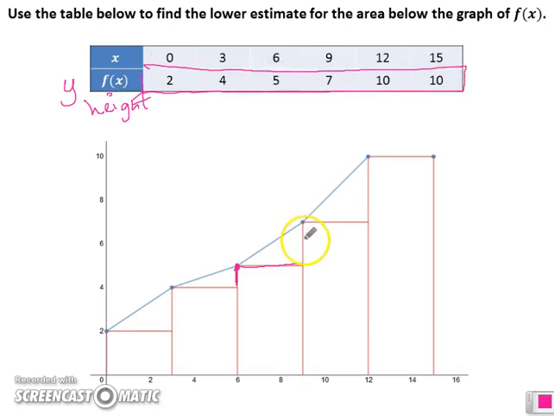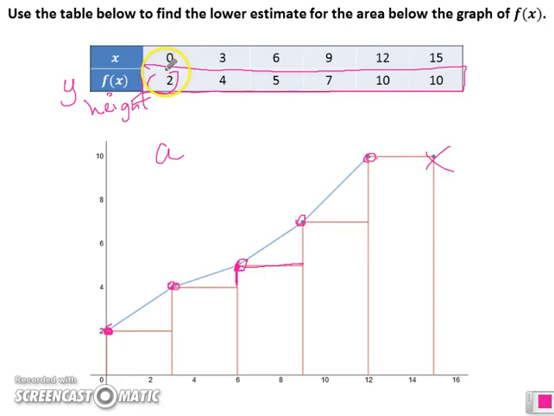So what we need to do is remember that the left rectangle uses A and not B. Notice that for this first rectangle, we're going to be using f of 0, which is 2. And the next one is f of 3, f of 6, 9, 12. We will not be using 15. These are all the heights of our rectangles.